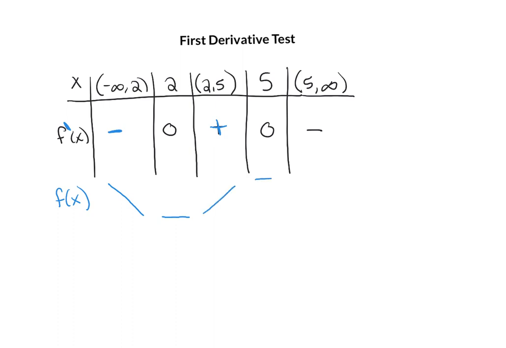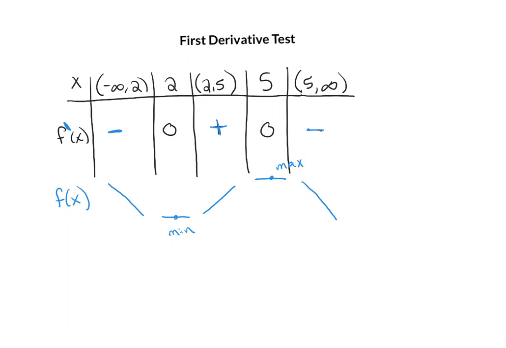And then here's a critical point. And then negative would be decreasing. So obviously here we would have a point that would be like a local minimum. And here this critical point would be a local maximum.